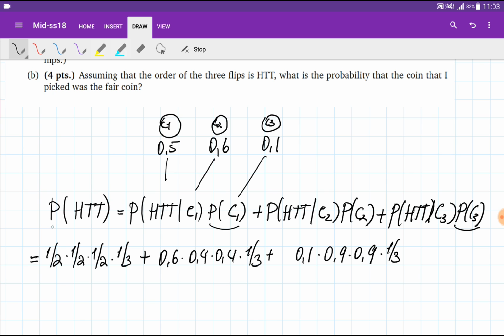The probability of tossing head, tails, tails, exactly in this order, for any coin which we choose randomly is equal to this big number.